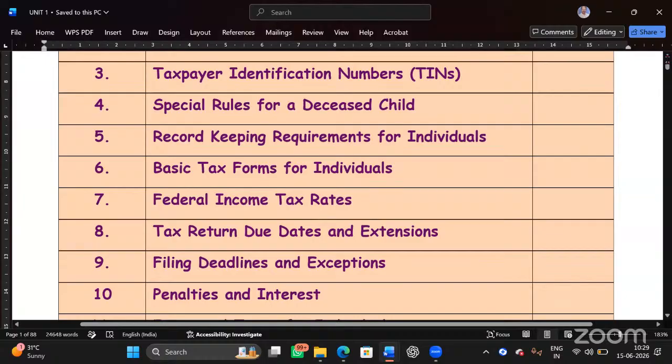Which form is to be filed by which citizen or which non-resident is very clearly given. Apart from that, I already told you Schedule 1, adjustments. Schedule 2, variety of taxes. Schedule 3, refunds. All these are to be attached to form number 1040. So in this topic, we are going to clearly learn every form in detail.